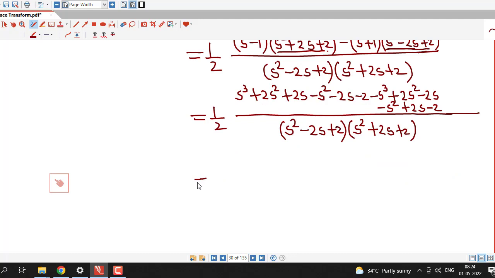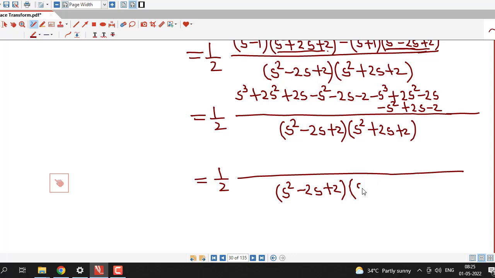Now we again simplify this, we cancel out terms which are possible to cancel out, and denominator remains as it is, s square minus 2s plus 2 s square plus 2s plus 2, and we can observe that s cube will cancel out.